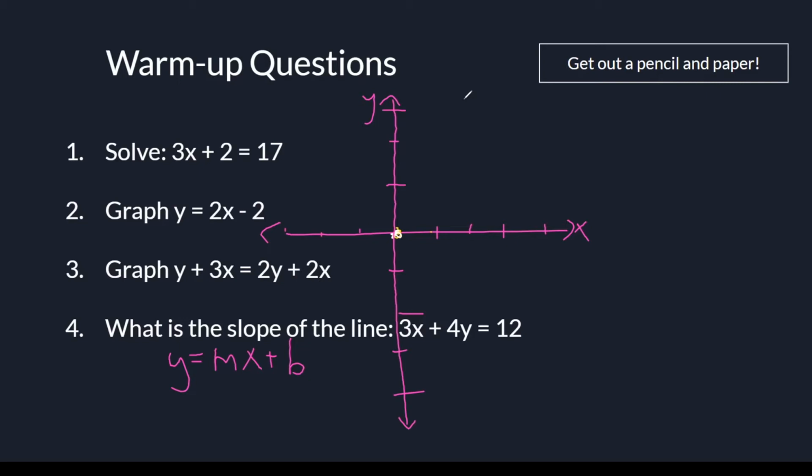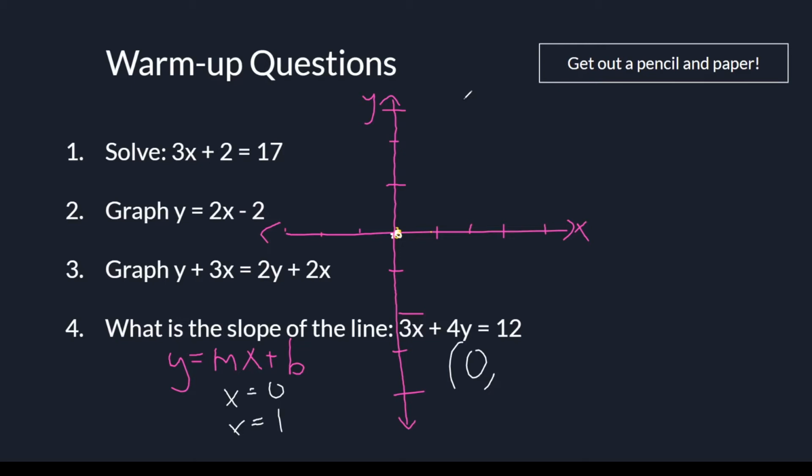So let's use 2 points, okay? Let's use when x equals 0 and when x equals 1. Does that make sense? Can we use those 2 points? Yeah. Okay, so what point is it when x equals 0? When x equals 0, what does y equal? Remember, this is the y-intercept.